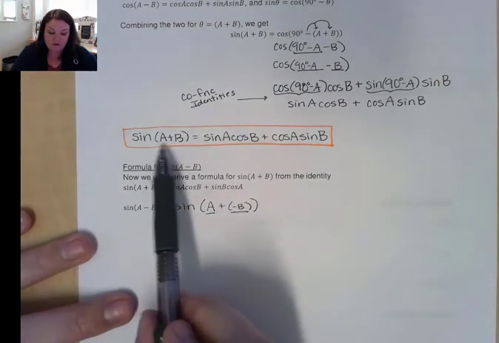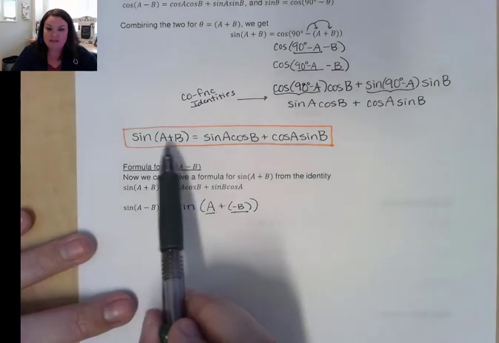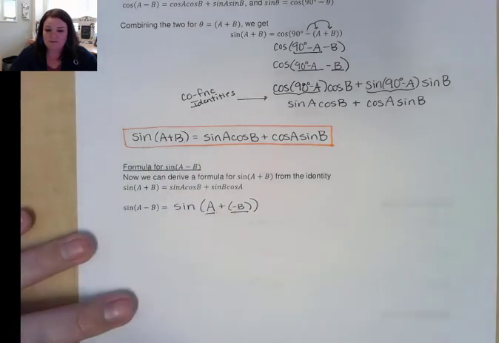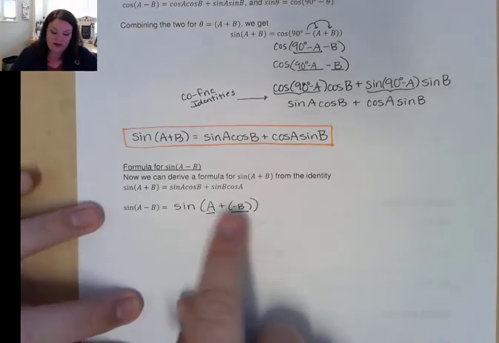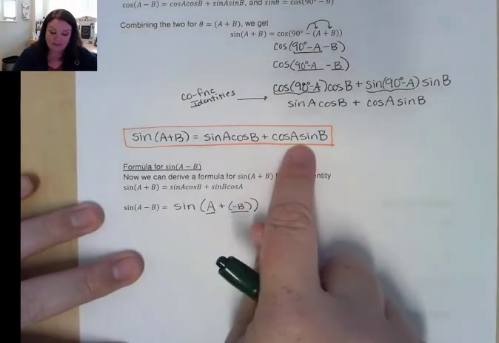So I can use this formula that we just came up with for an addition of sine angles, right? So now that we have that addition, I can plug it into here.